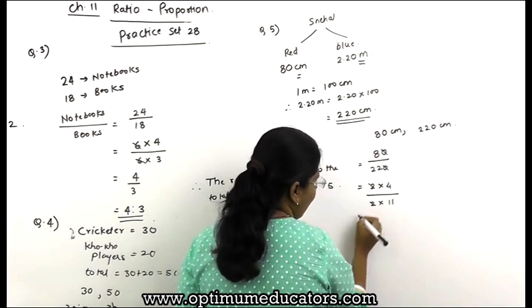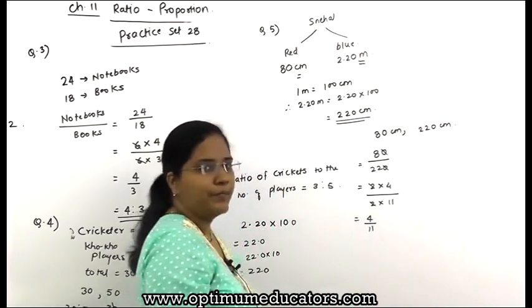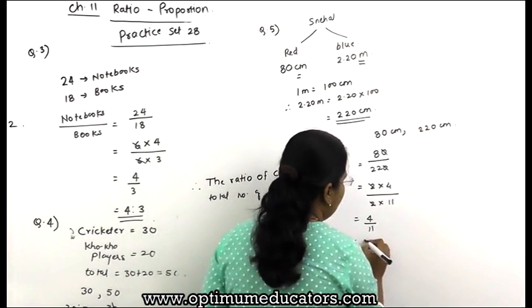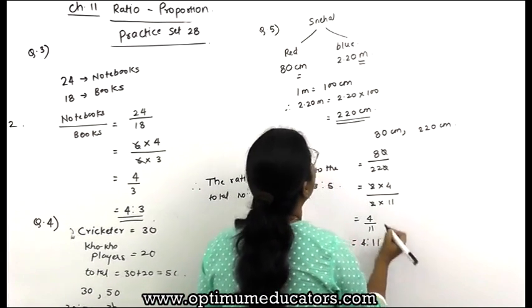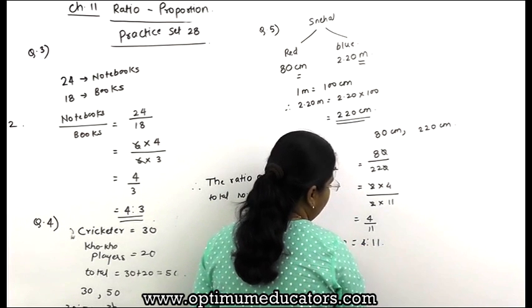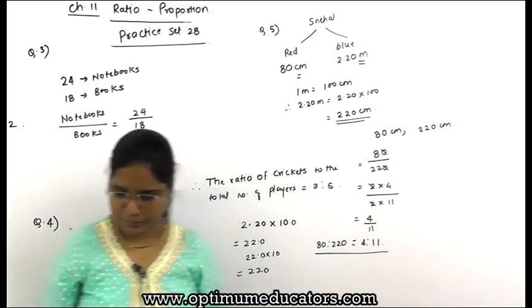So 2 goes off. What is the final answer? 4 upon 11. Can this further be simplified? No. So this is 4 is to 11. So 80 is to 220 is same as that of 4 is to 11.